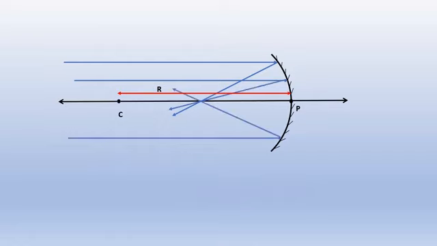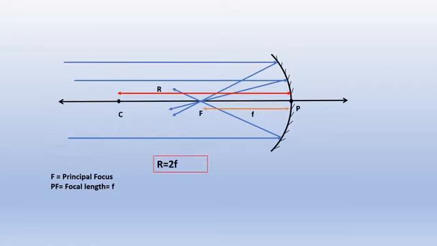So all the light rays which are parallel to the principal axis, when they are incident on the mirror, pass through a point on the principal axis which is called the focus, or principal focus. And the distance between the principal focus and the pole is called the focal length.